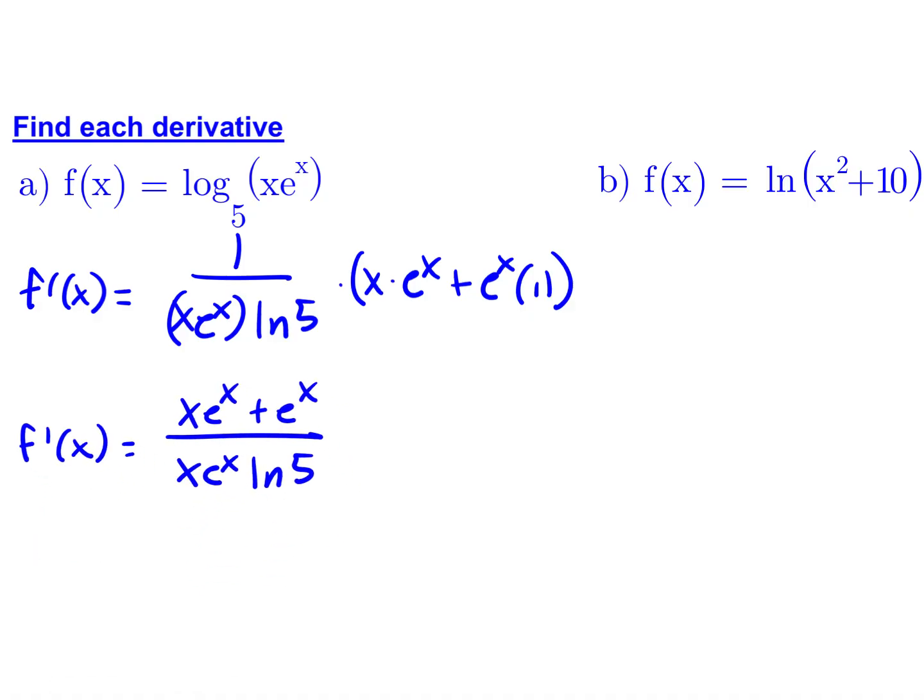Since I have e to the x in all three terms, I can cancel those out. And so my final simplified answer is going to be f prime is x plus 1 over x times natural log of 5. Another way to think about this is if I factor an e to the x out, and that leaves me with x plus 1, and then the e to the x's cancel.